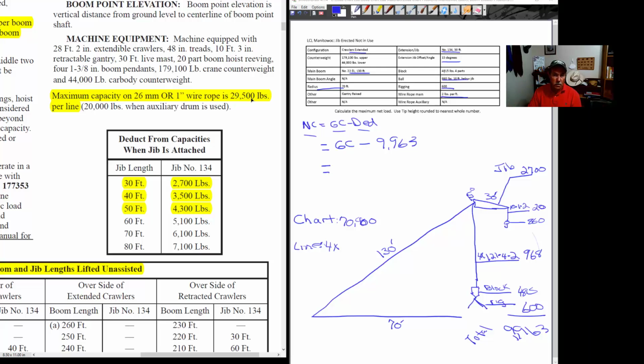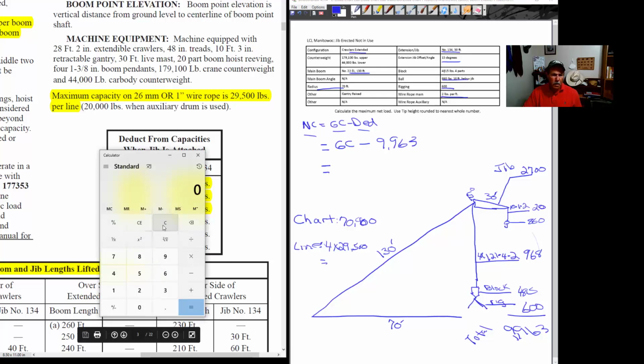We've got 4 parts, so we need to multiply 4 times 29,500. And I believe that's 118,000 pounds, but let's do the math just to make sure. 4 times 29,500 equals 118,000.